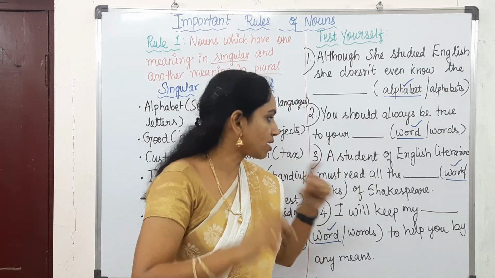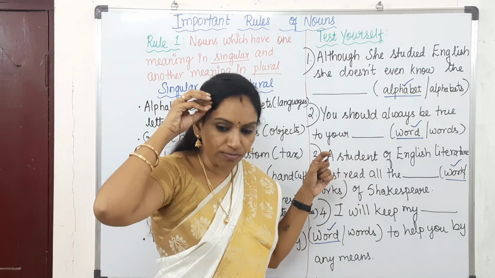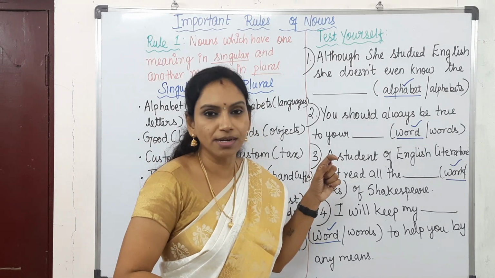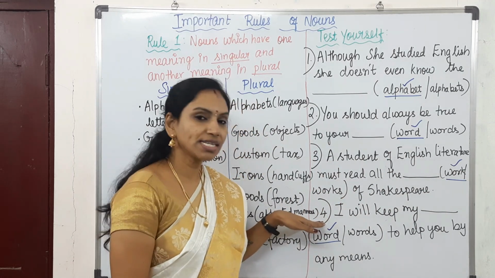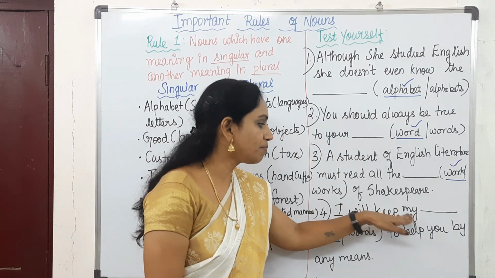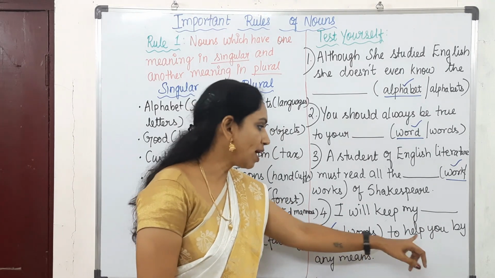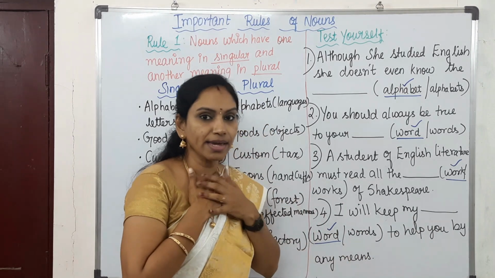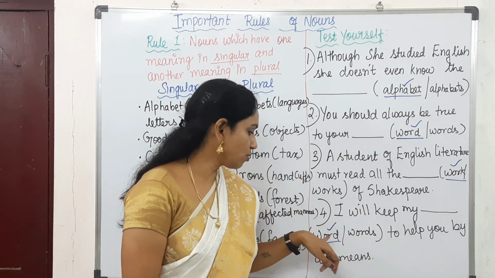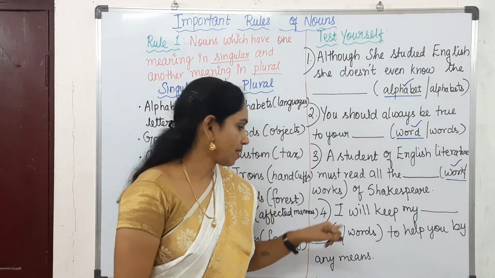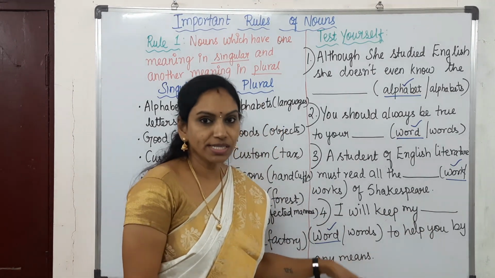You should use work of Shakespeare, because they talk only about Shakespeare. That's singular. So, work. Then 4th example, I will keep my dash, word, words, to help you by any means. I will keep my, singular. So, we should use word.